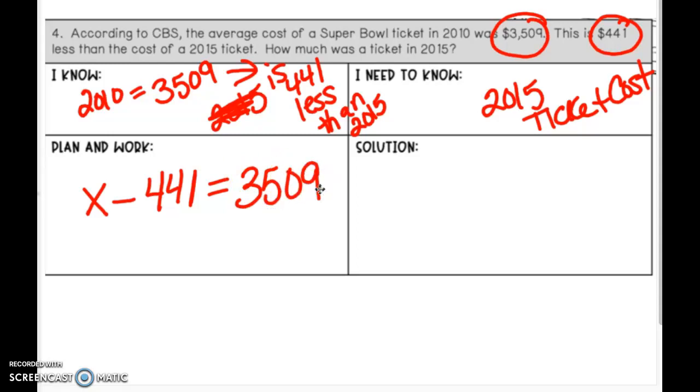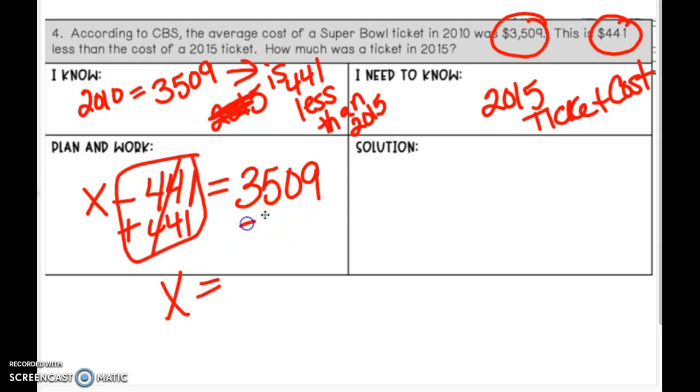Okay. So now we're going to solve this equation. What's the opposite of minusing 441 to x? We're going to add 441. This zeroes out.